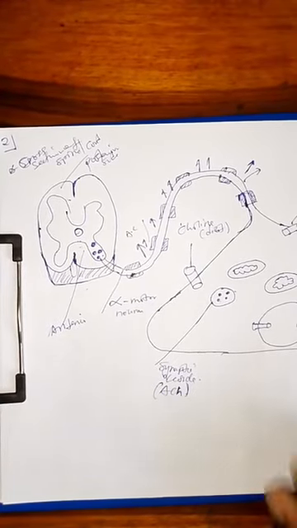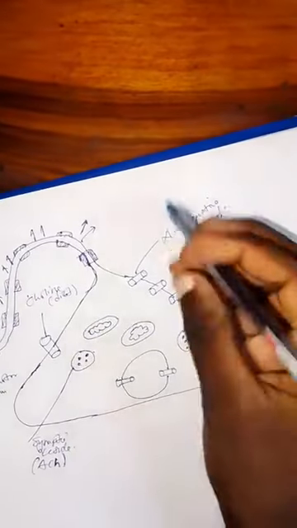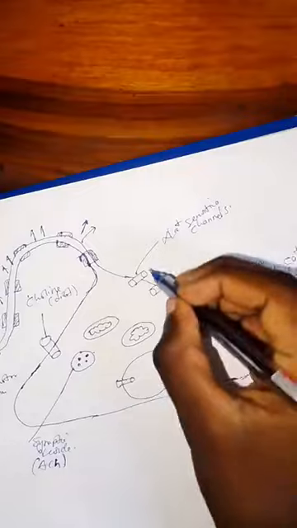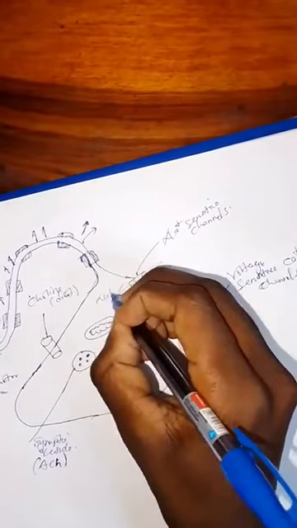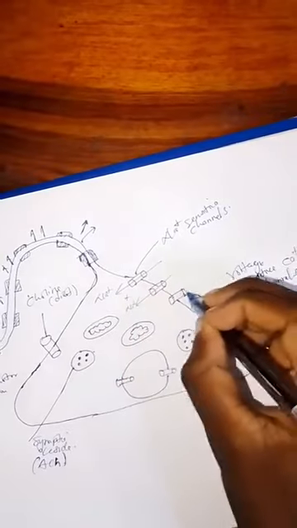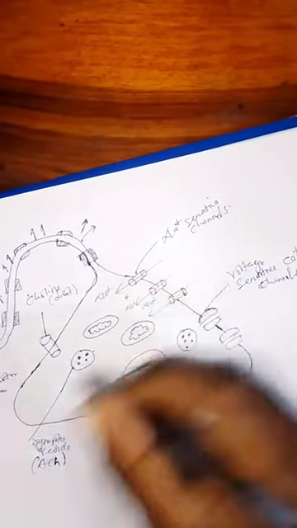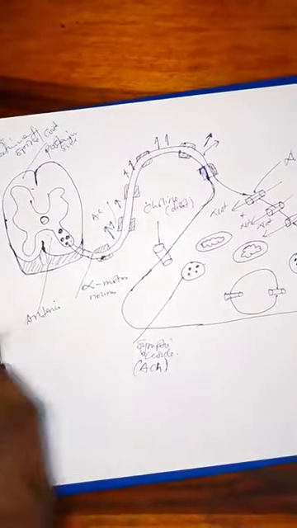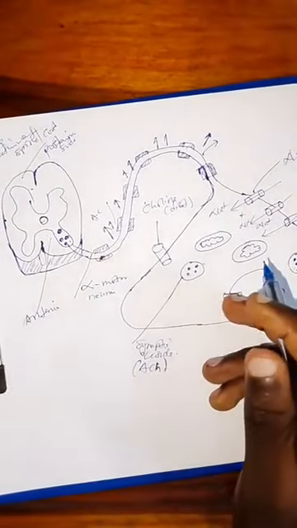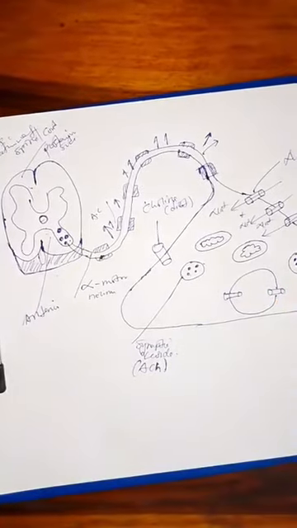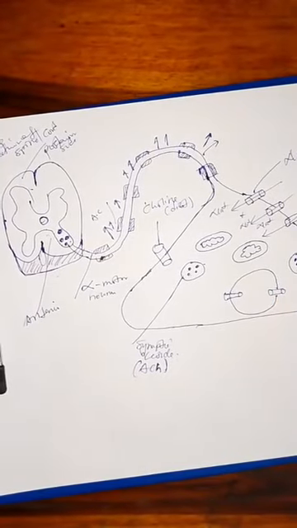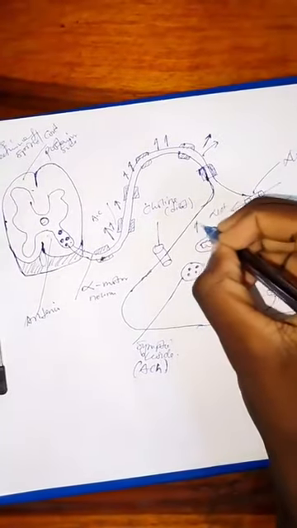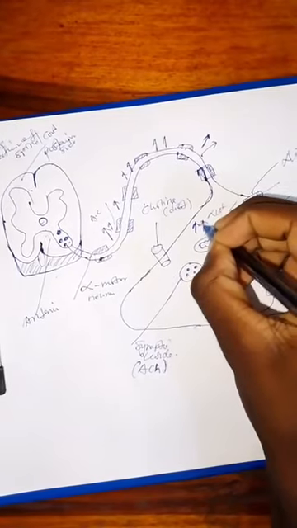Now, before it opens these channels, there will be influx of sodium. You know, sodium is a positively charged cation. So when there's influx of these cations, it will cause the inside of the terminal to be highly positive charged.